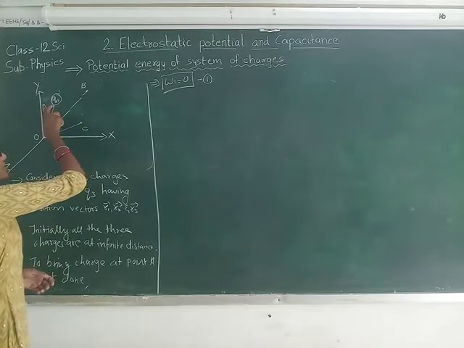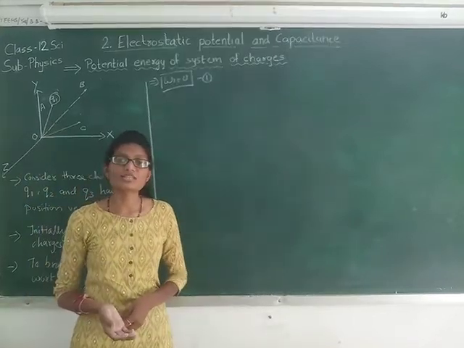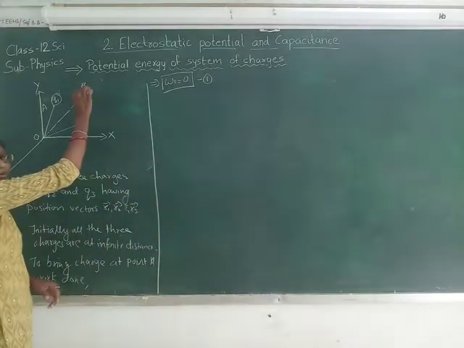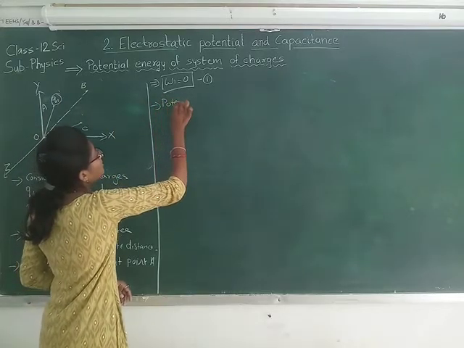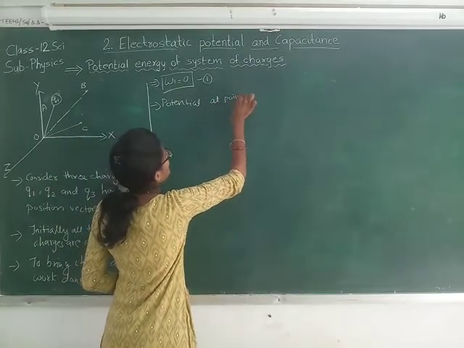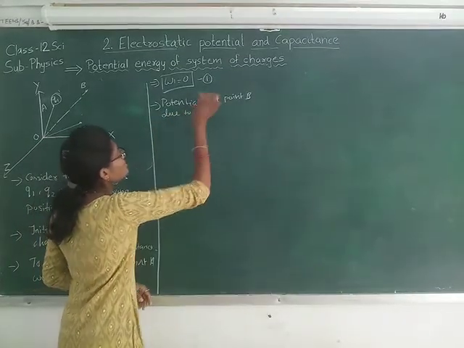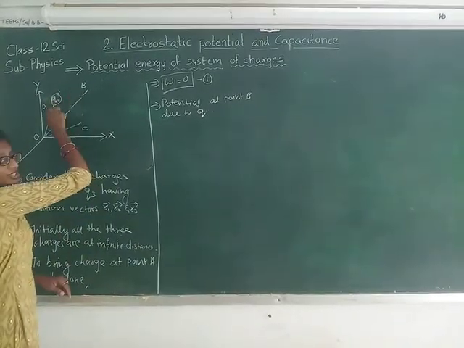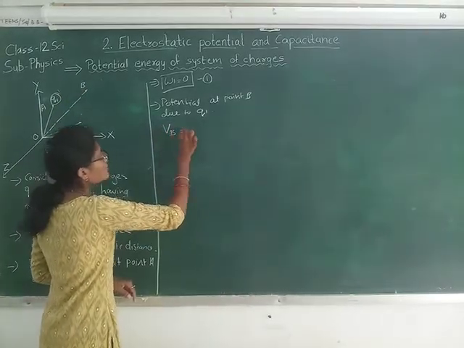Now see, here we have charge Q1, so what will be the potential at point B? We know potential is what? Potential is nothing but the work done by the external force to bring the unit positive charge to a particular point due to this charge. So potential at point B due to Q1 charge, right? Here we are not placing Q2 charge right now. Because of this charge, the potential at point B, let us denote it by VB.